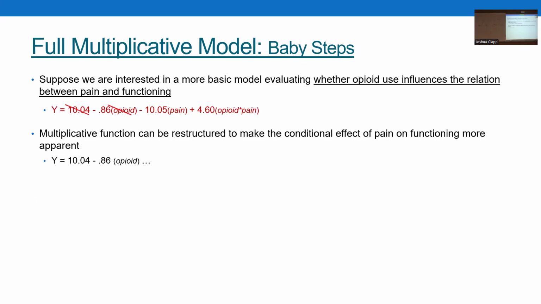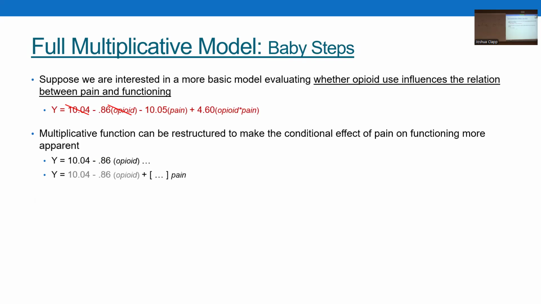First thing we're going to do is pull down anything that doesn't involve my conditional effect. William, what is my conditional effect in this model? Pain. Okay, so I'm going to look in my equation for anything that doesn't have a pain term in it and pull that down. So I've got my intercept, I've got opiate use.